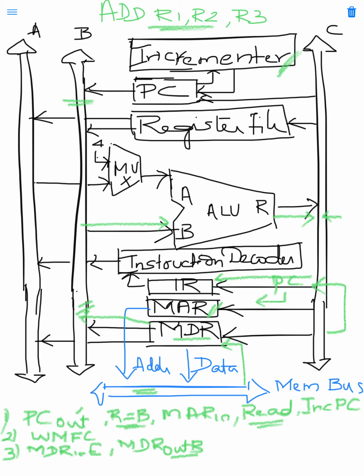MDR out B is given to differentiate between the two buses A and B. From MDR, the data needs to be placed on bus B, and then passed via this ALU without any modification, and placed on bus C.